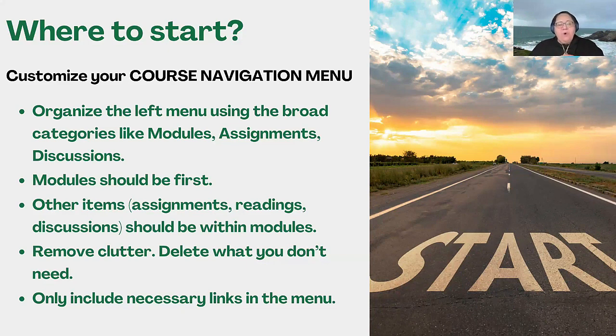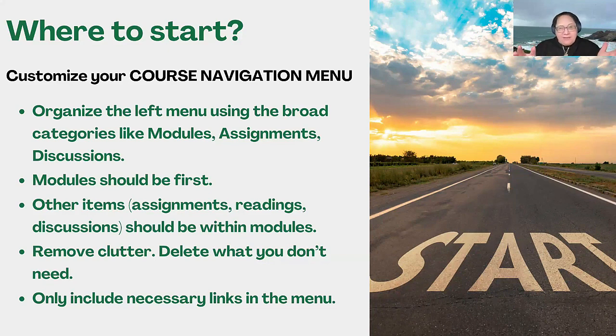You're definitely going to want to organize your course navigation menu with modules, assignments, discussions. Some people want those assignments and discussions to be available in the left-hand course menu. Other faculty members don't want that because they want the students to go into the module and look at the overview and go there. Either way is fine, but just be consistent and make sure that if you're going to make those assignments and discussions tabs available, they should have assignments and discussions in them.